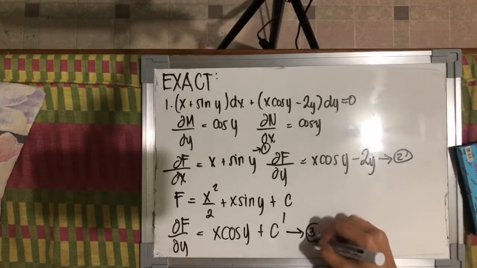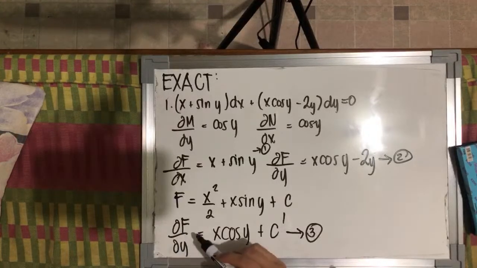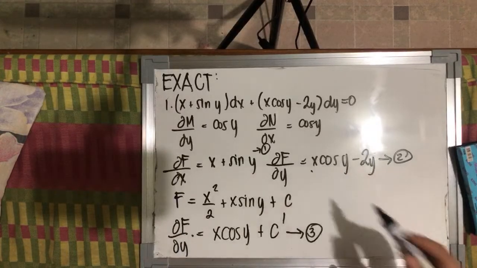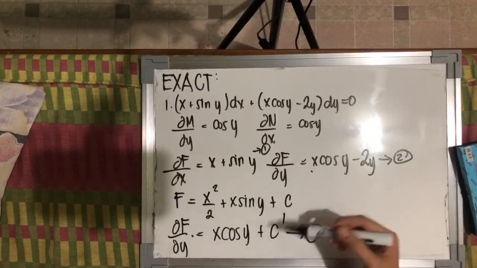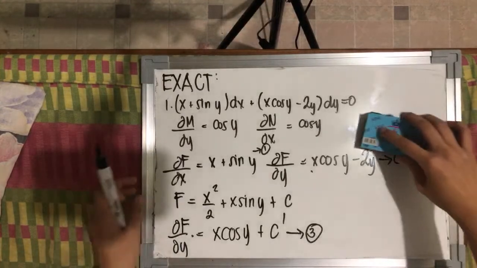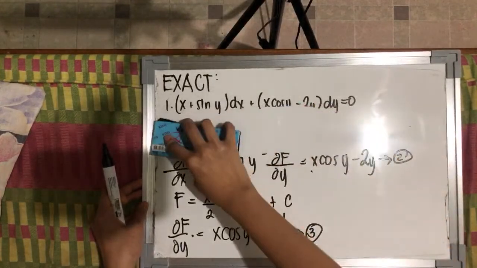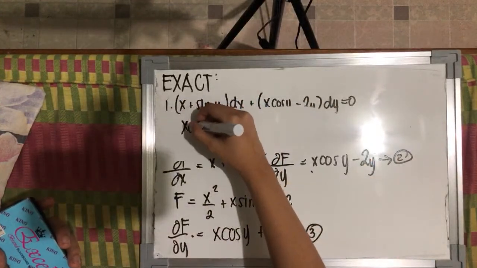Third equation. So, since partial derivative of f with respect to y ito at saka ito, equate natin sila para makuha ko yung value ni c prime. So, x cosine y.